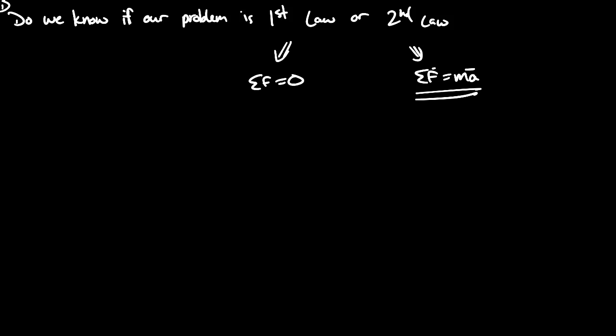You must assume the system accelerates unless proven otherwise. But there's all sorts of things that will tell you if it's a first law problem. The most important is look for any instance when the object has a constant velocity. If they don't tell you explicitly that there's an acceleration, look to see if the velocity is constant. If you know it to be constant, you know the net force has to be 0.